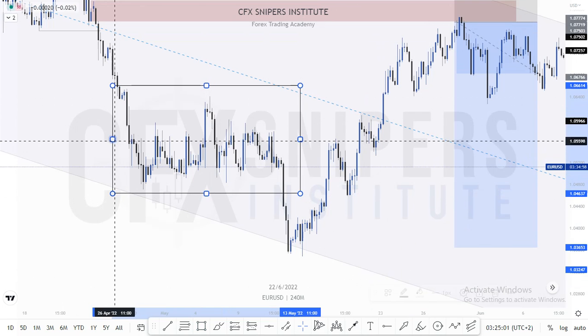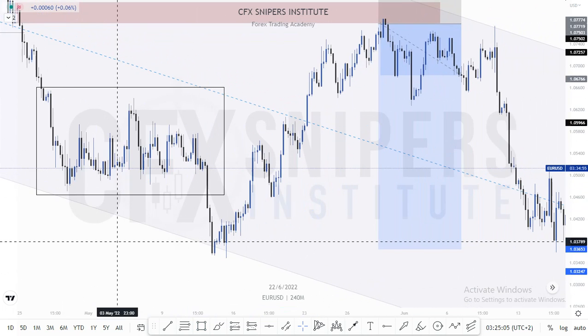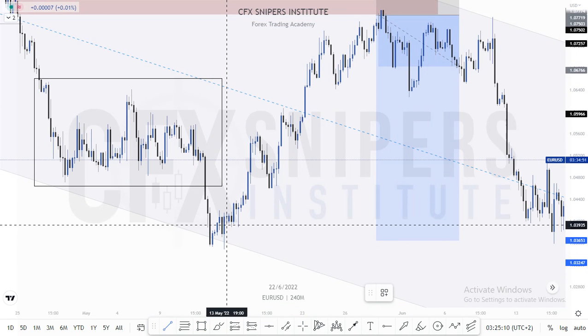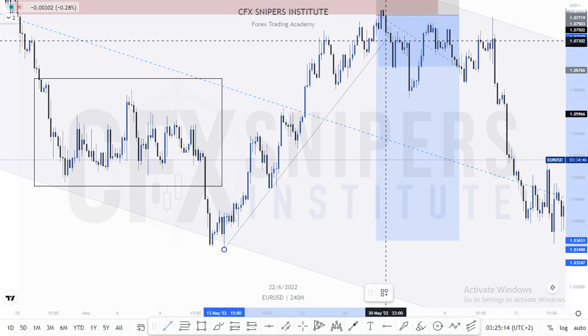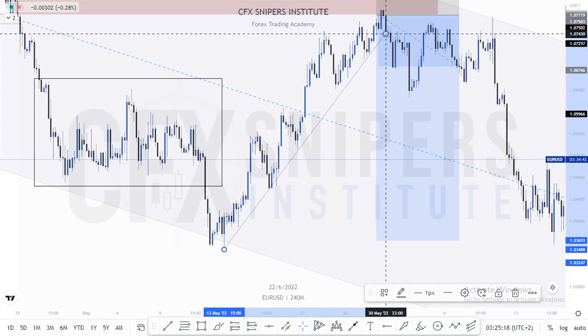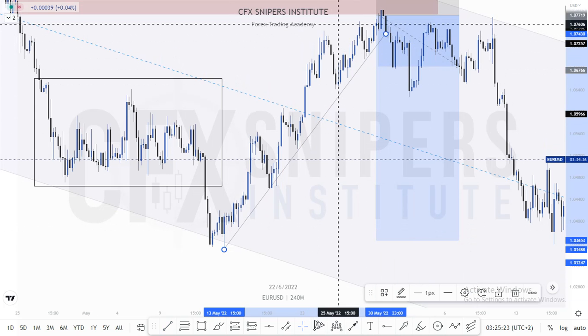Again, here we had a lot of liquidity pool. Whenever you have a liquidity pool, you must know we are heading towards a highly probable zone, and once we take it out, we will sweep the whole liquidity.